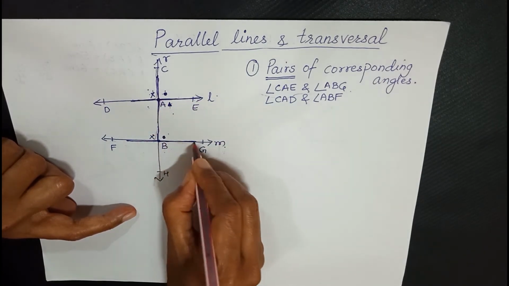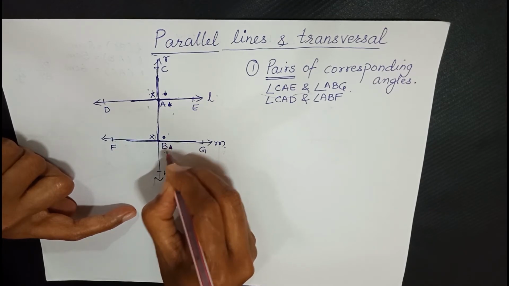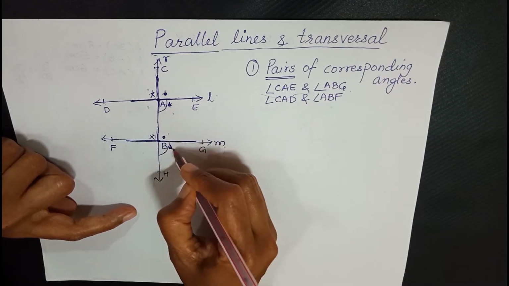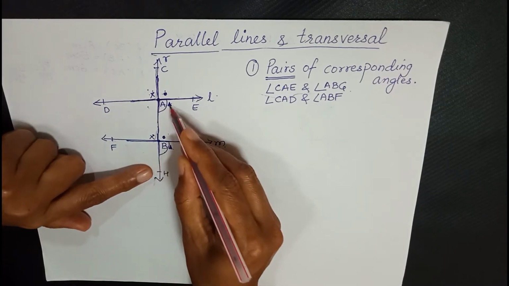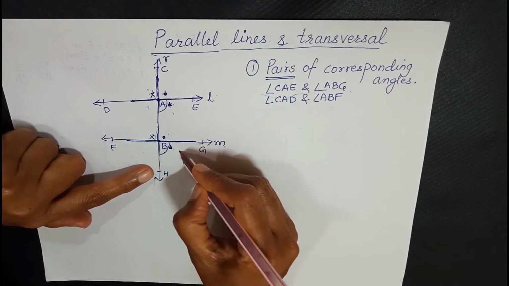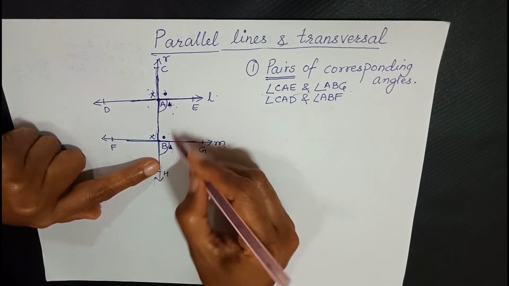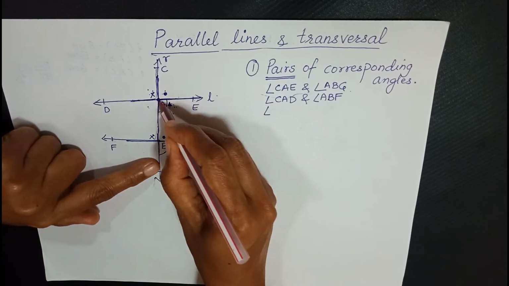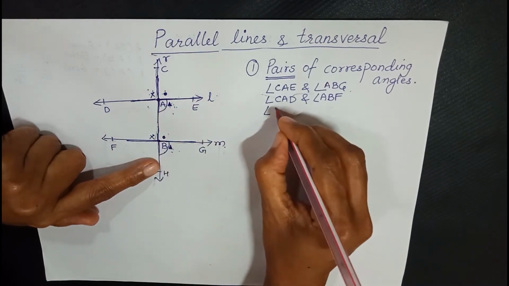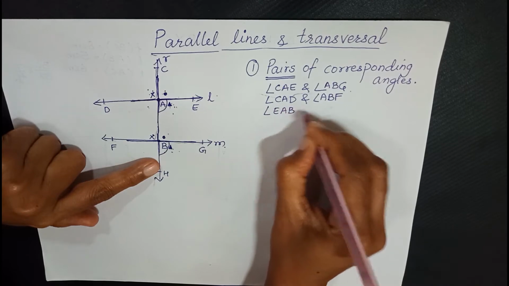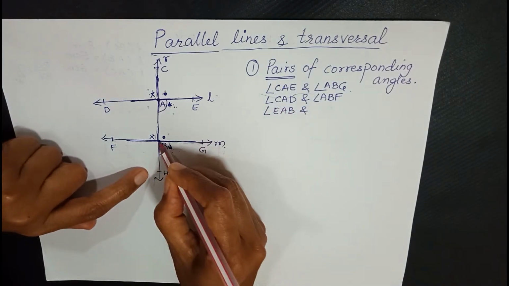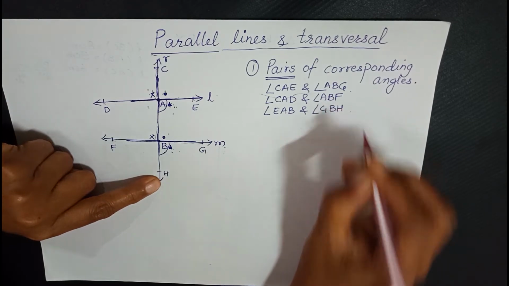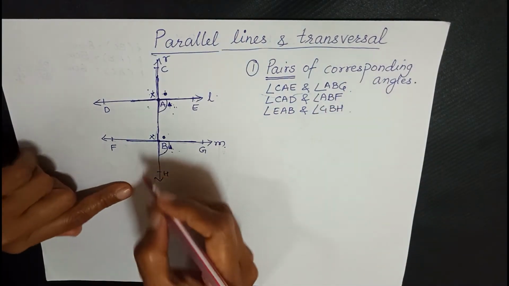This side also is below the parallel line and made with the transversal. So this is also a corresponding angle. How do we name it? EAB and GBH. So this is the third pair of corresponding angles.